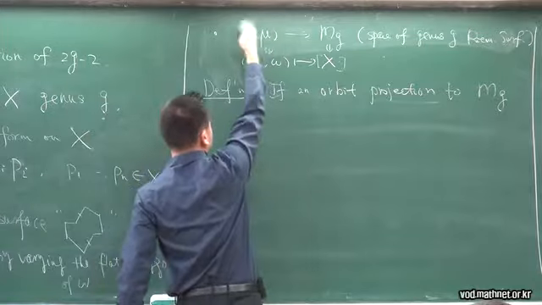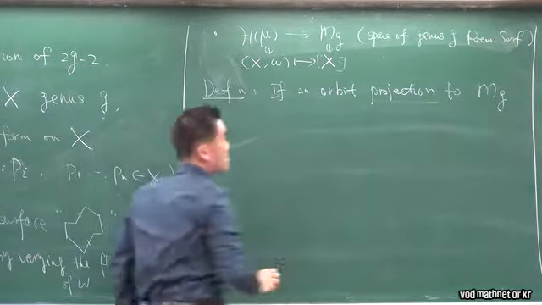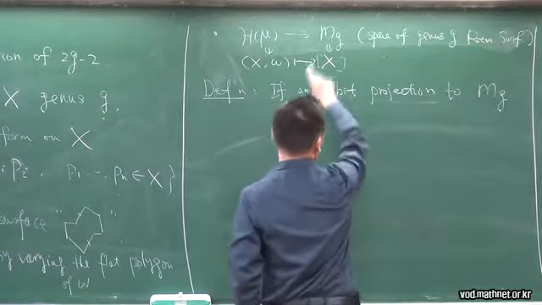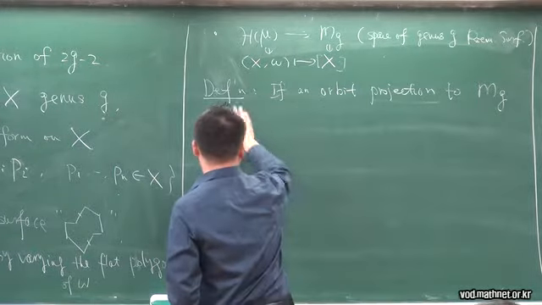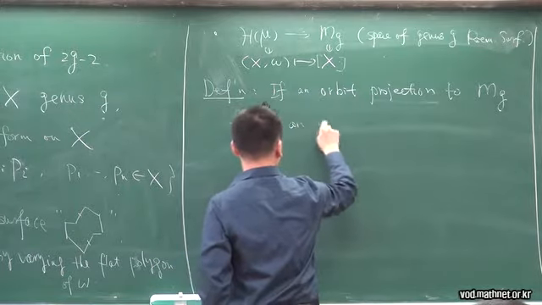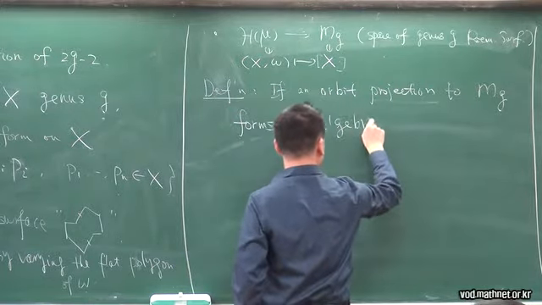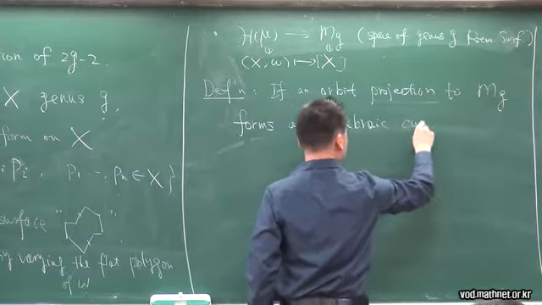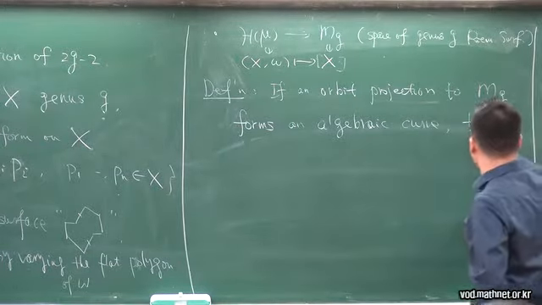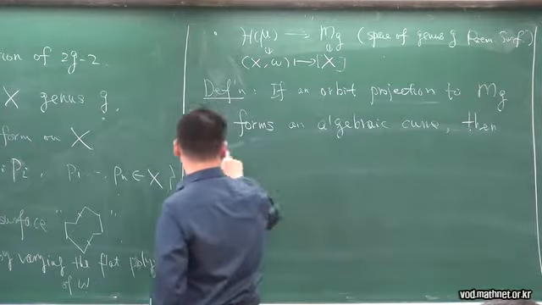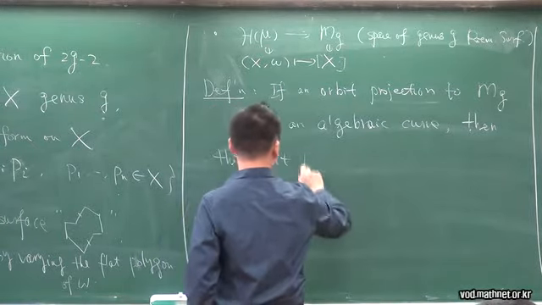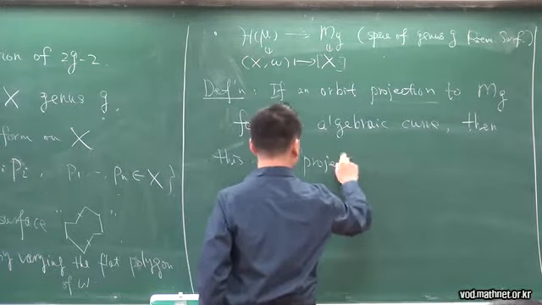So you have some orbit going on here, and you project to the modular space of genus g curves. And if an orbit projection into M_g forms an algebraic curve, this is rather special. Then we call this orbit, or sometimes this orbit projection, a Teichmueller curve.